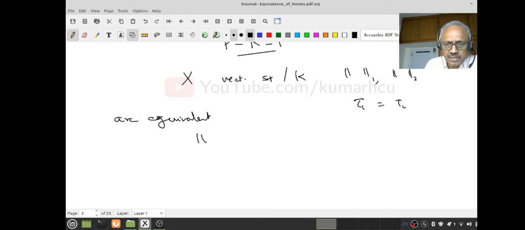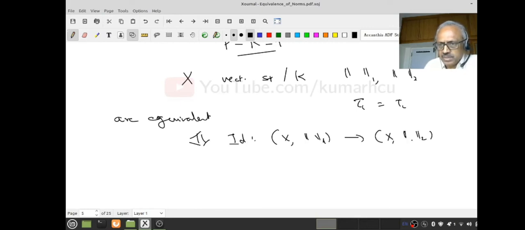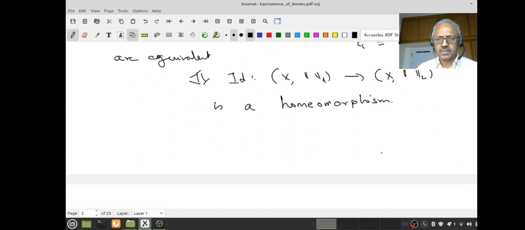This happens if and only if the identity map from X with norm 1 to X with norm 2 is a homeomorphism. That's how we have seen. So in particular the identity map from (X, norm 1) to (X, norm 2) is continuous. And in fact we are going to use only the continuity of this map at 0.